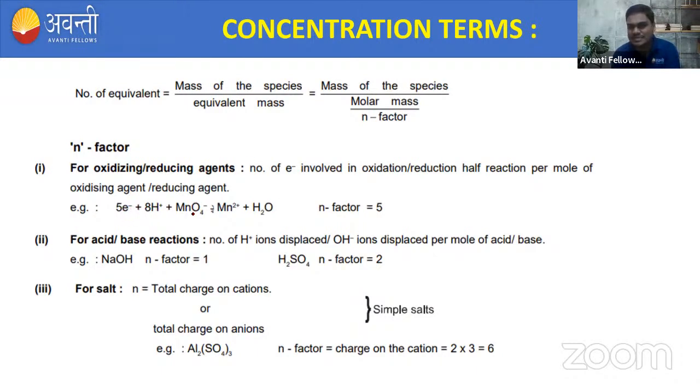And this 8H plus MnO4 minus gives us Mn2 plus, right? So here we can see the total number of electrons is 5. So what is the n factor? That is 5. Let me see another example. If there is an example like Mn plus 7 to Mn plus 2, right? So this is Mn plus 7 to Mn plus 2.